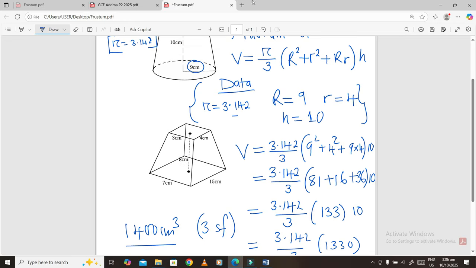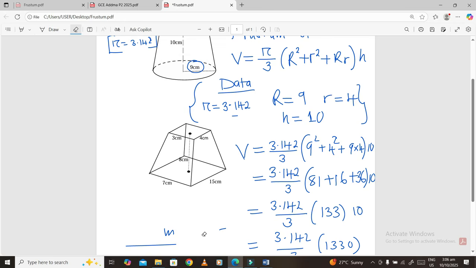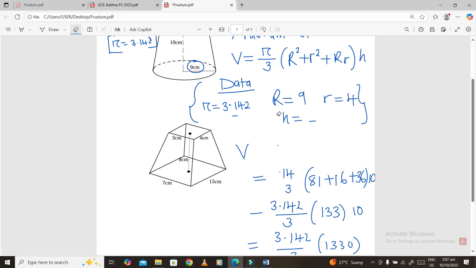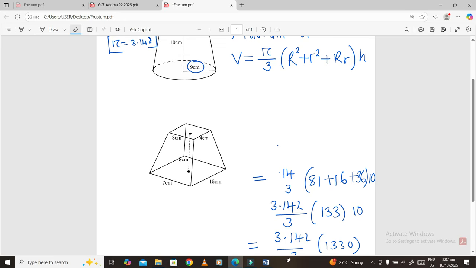So now let's go to the next question. The next question here is the frustum of a pyramid. For the frustum of a pyramid, there is also a formula that each and everybody needs to know. Let me write the formula.